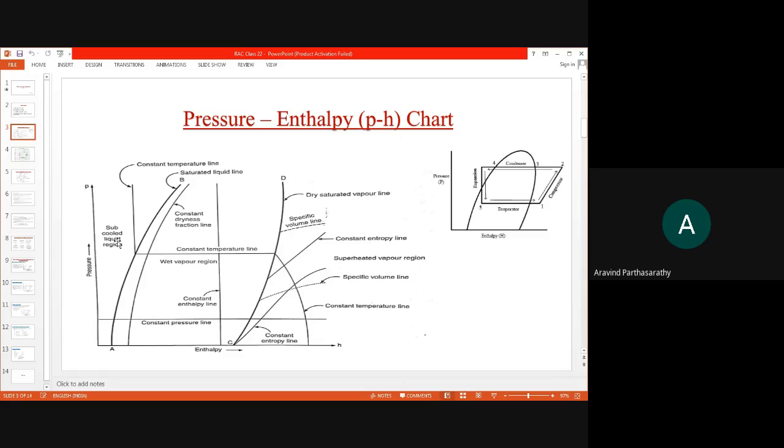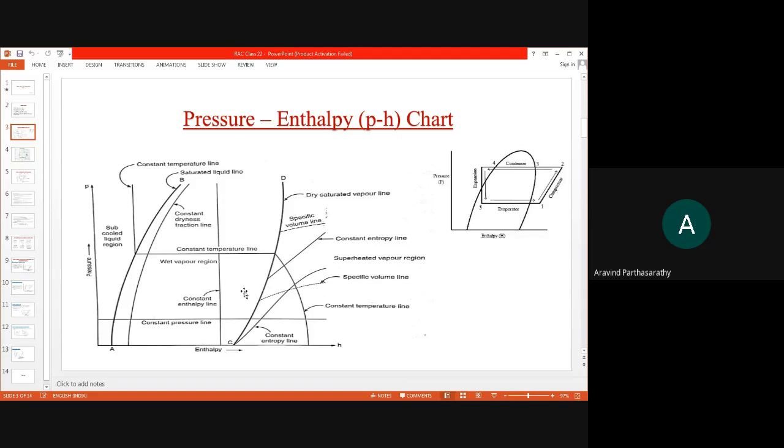If you are taking a refrigerant, it may be in the subcooled region, the wet vapor region, or the superheated vapor region. So before conducting a problem, you have to identify which state it is in right now.